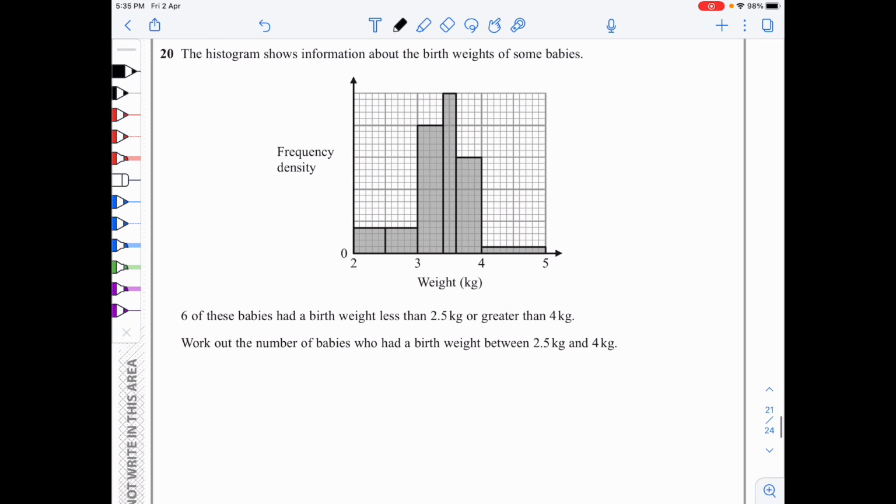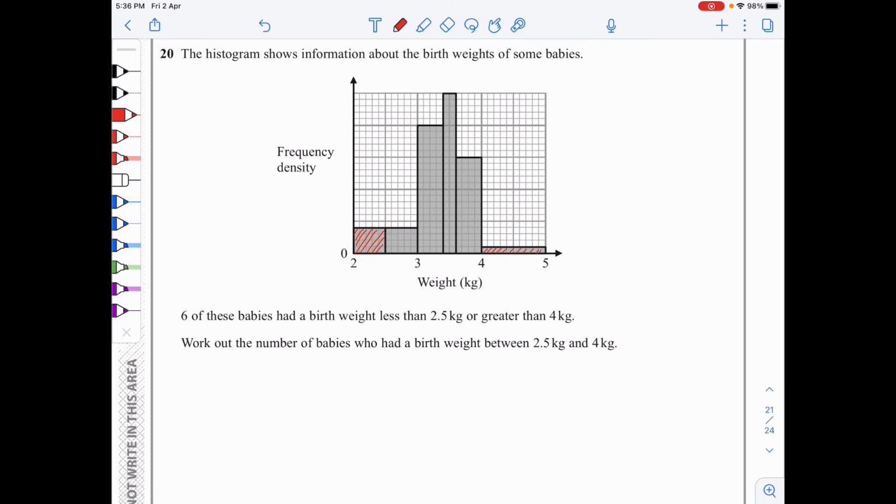In 20, it's a histogram. We know that in histograms, it's the area that matters. We are told that 6 of these babies have a birth weight less than 2.5 kilos or greater than 4 kilos. So less than 2.5 kilos is this part here, and greater than 4 kilos is this part here.